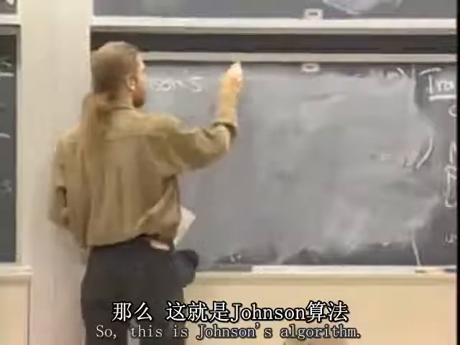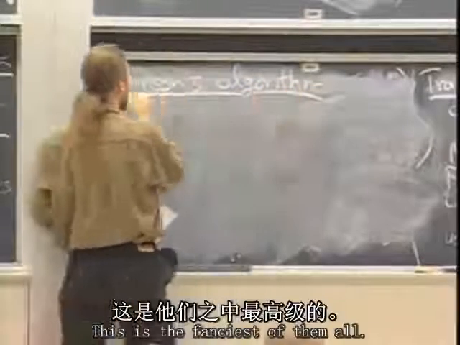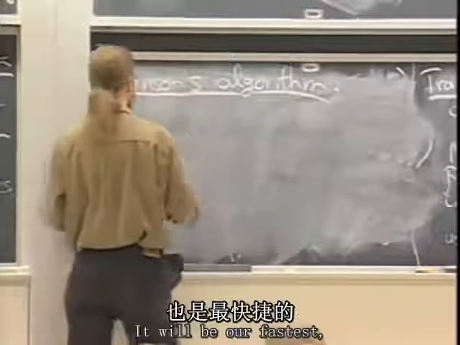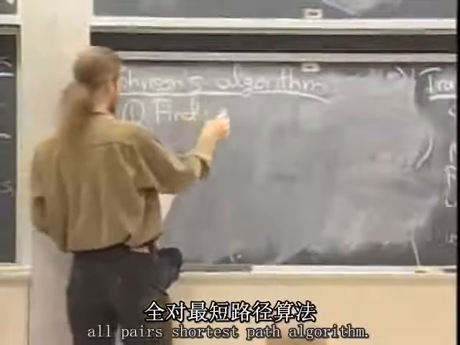So this is Johnson's algorithm. This is the fanciest of them all. Will be our fastest all pairs shortest path algorithm.